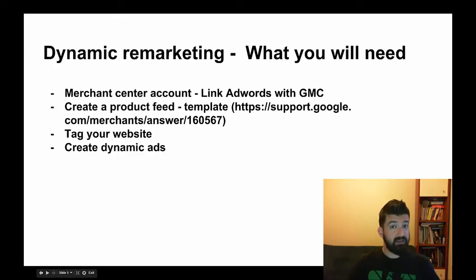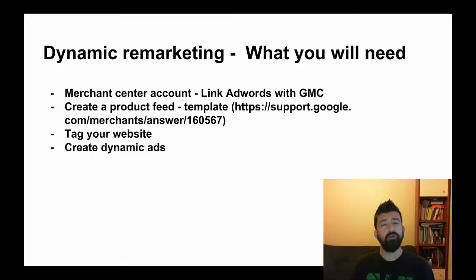And the last thing, and the most important from this, if you want to keep one thing out of this, is the dynamic remarketing. So remarketing, the way I showed you, is really great and it works, but you have to do everything manually. With dynamic remarketing, you don't have to do every single product, every single page, because if you have like 1,000 products, that would be really a problem.